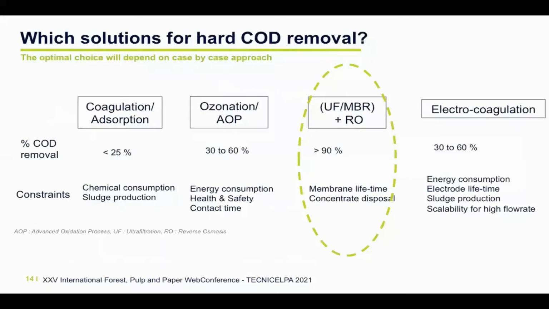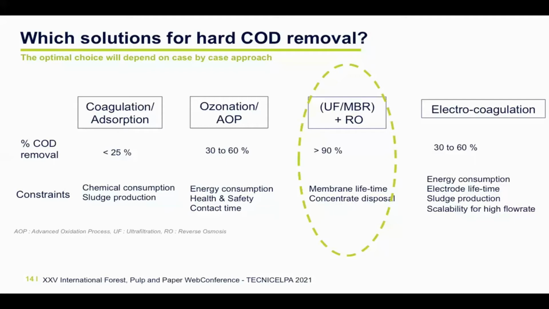Which solutions are the best for COD removal? So this is really a case-by-case approach. We have studied almost the complete portfolio of options, from coagulation, sorption to electrocoagulation, through ozone or advanced oxidation processes and membrane processes.